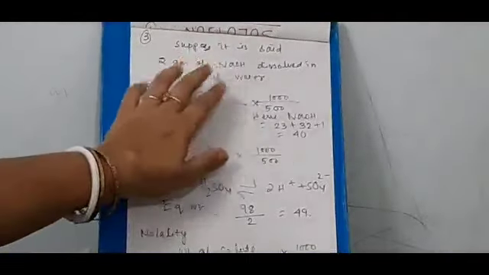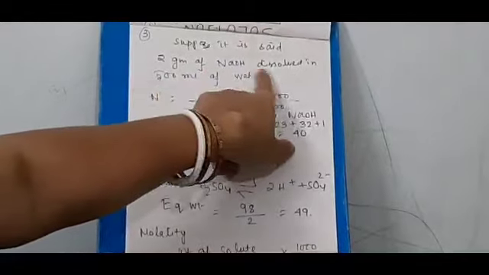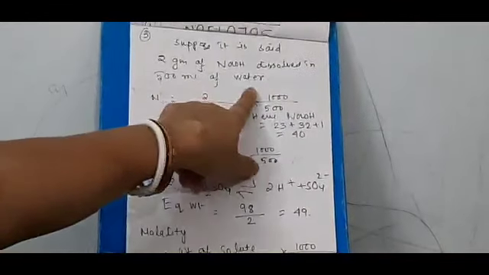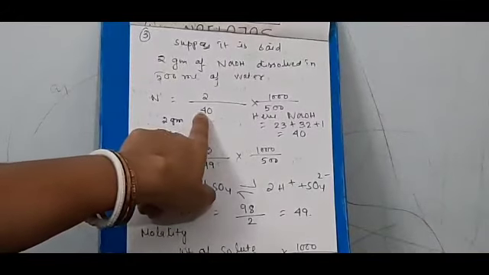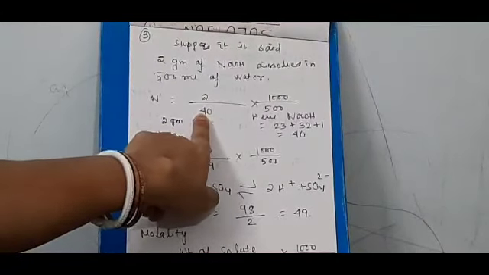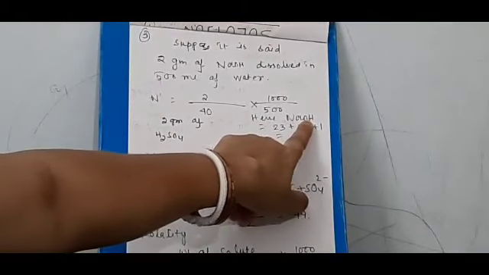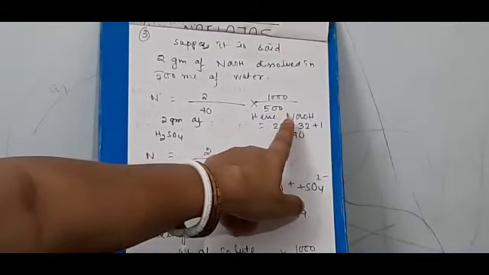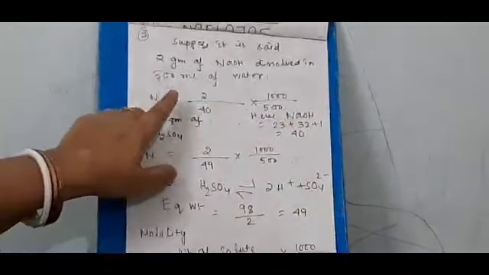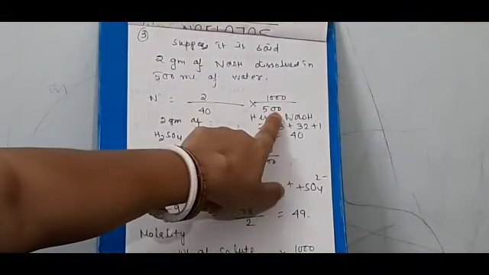Here you can see, suppose it is said that 2 gram of NaOH is dissolved in 500 ml of water. Here normality equals 2 by 40, where 40 is the molecular weight of NaOH. NaOH dissociates as Na plus and OH minus, so we get 1 cation, 1 anion. So its molecular weight will be equal to its equivalent weight, and we can write 2 by 40 into 1000 by 500.